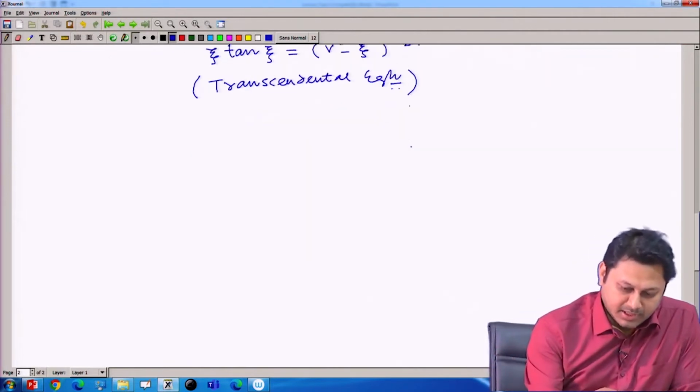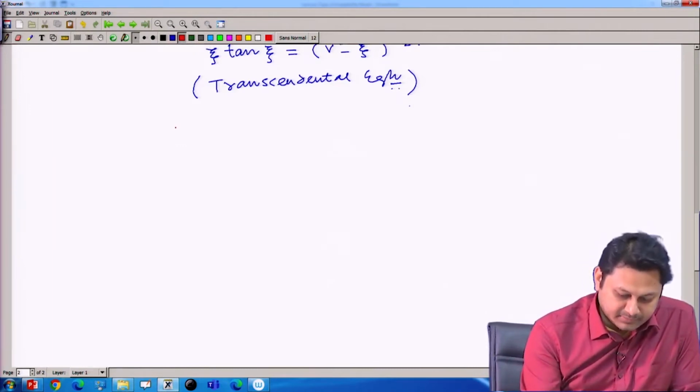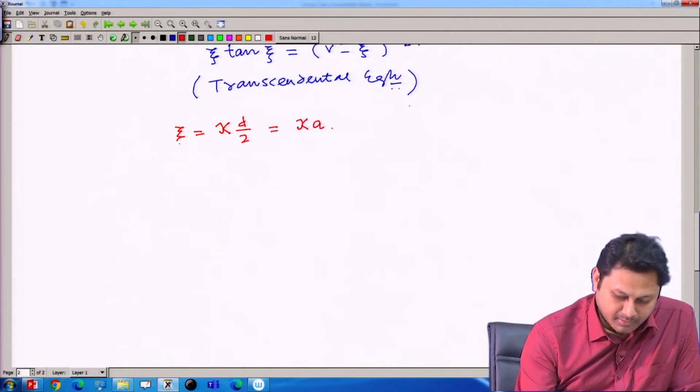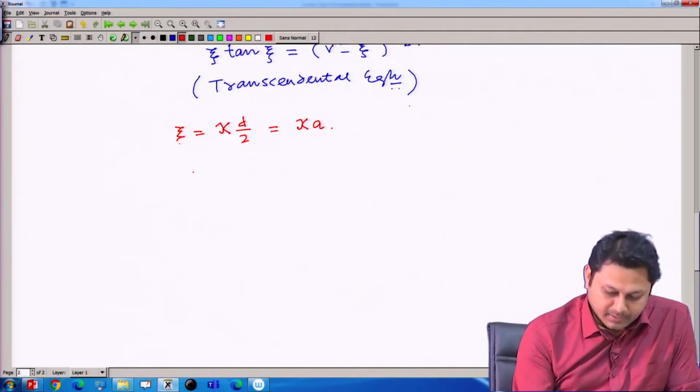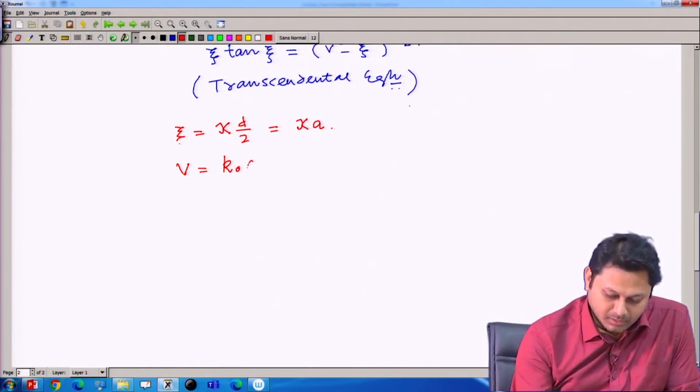By the way, I also define xi. The xi is a parameter that we defined as kappa d by 2, which is kappa a, and the v parameter is defined as usual as k0 a multiplied by n1 square minus n2 square whole to the power half.